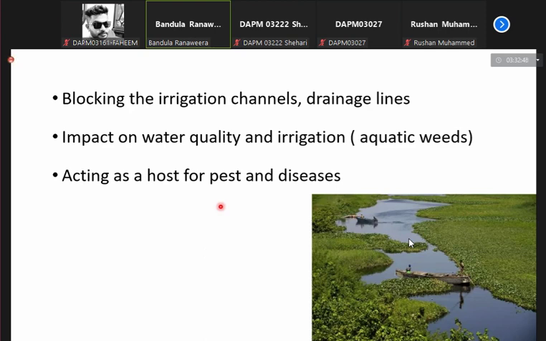So now we have mentioned the negative impacts by weed plants, some of the negative impacts, maybe not everything.